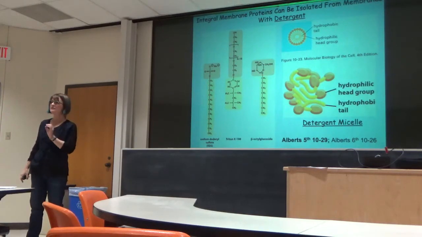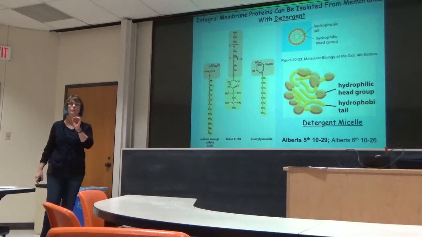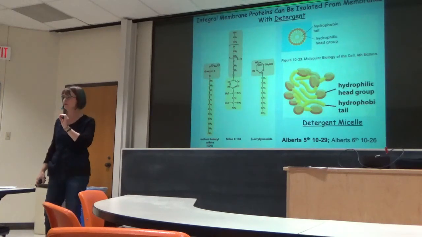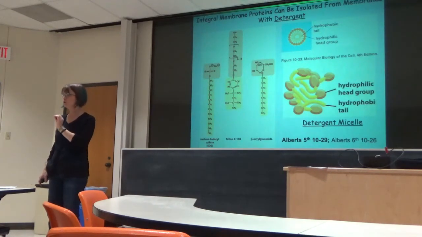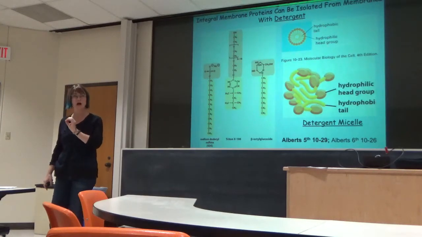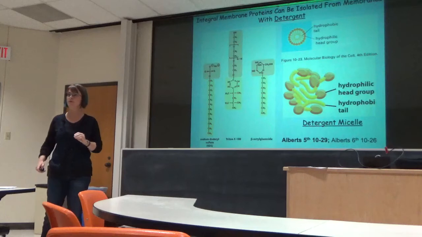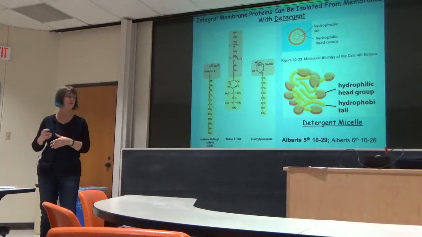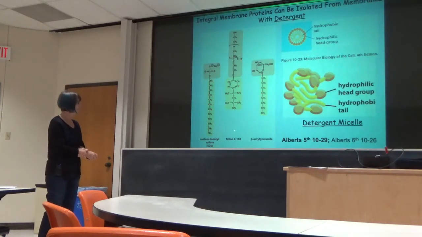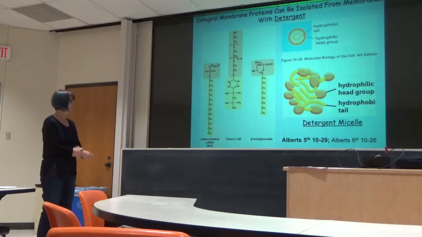In order to study membrane proteins and retain their character, we need a more gentle detergent. The two most commonly used gentle detergents to study membrane proteins are Triton X100 and beta-octylglucoside. We're going to mainly talk about Triton X100.